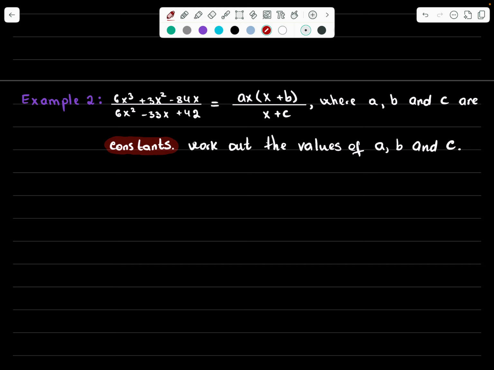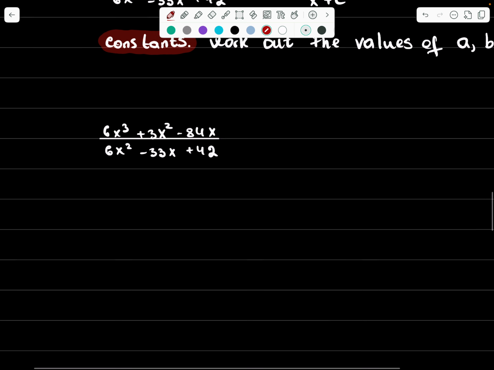Alright, the best way to do this is to copy this and factorize the expression. So I'm going to take 3x out from 6x cubed, 3x squared, 84x.